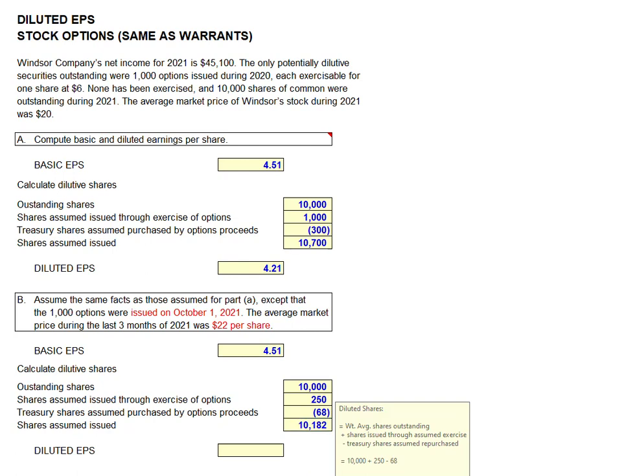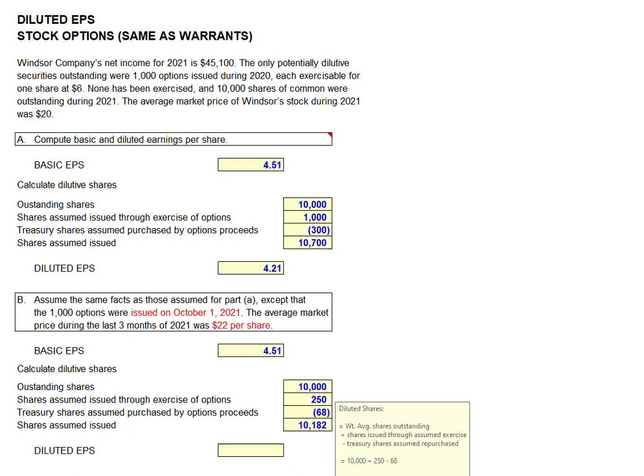That's the 10,000 outstanding plus the 250 additional shares we would assume we issued through the exercise of options, less the weighted average treasury shares repurchased using the proceeds from the exercised options.